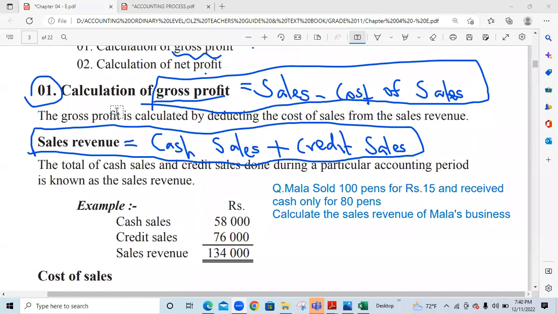Okay, good job, guys. Almost everyone has got the answer correct except for 1 or 2 students. Others all correct. Good job.